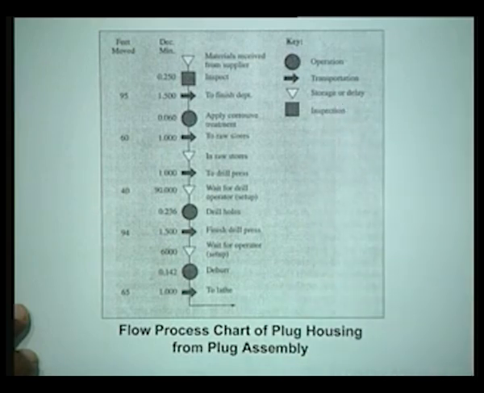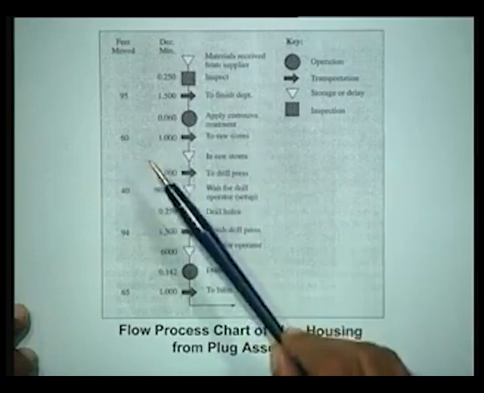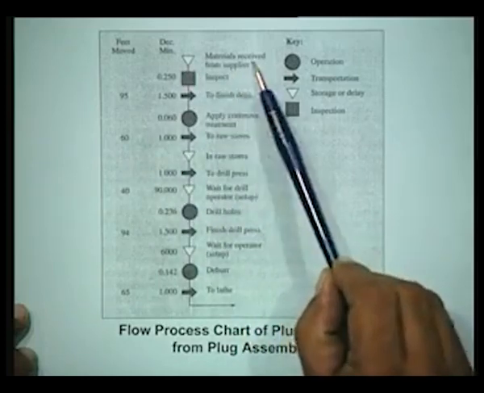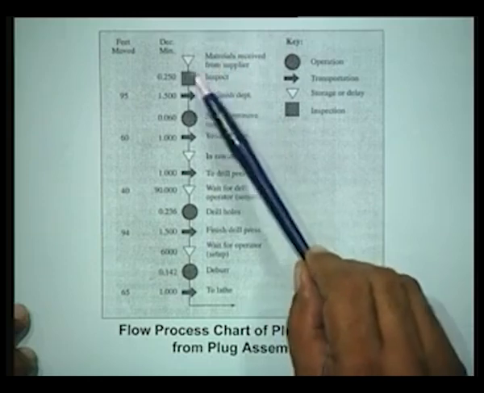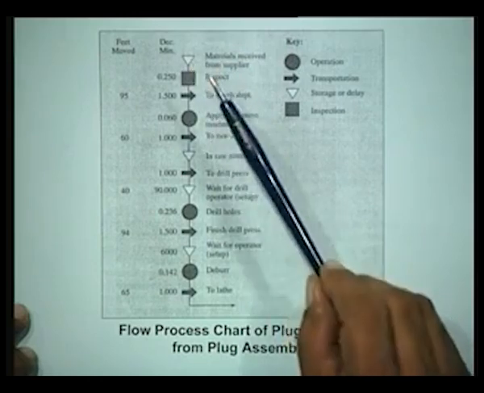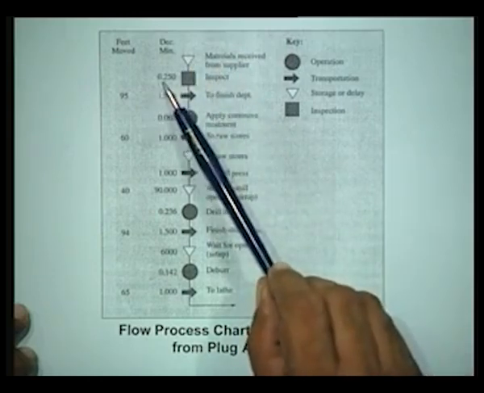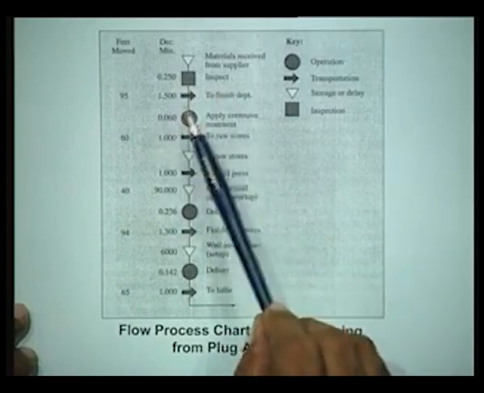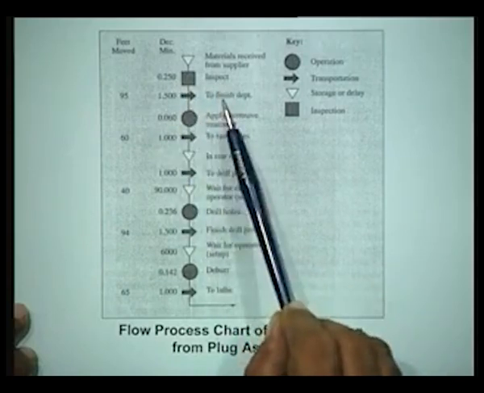And what is being said here is that this particular chart describes how the plug housing from the plug assembly, that is that particular component, will move and what are the timings. So it shows that material is received from the supplier and it is in storage, and then the time required to inspect it is given here, and then from inspection it moves to the finish department.